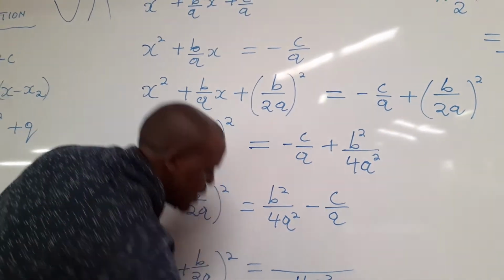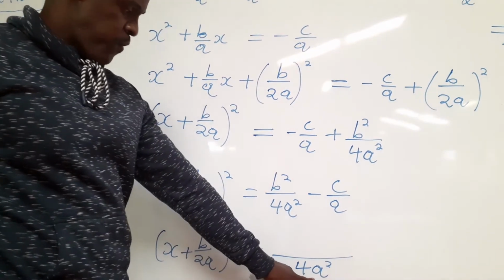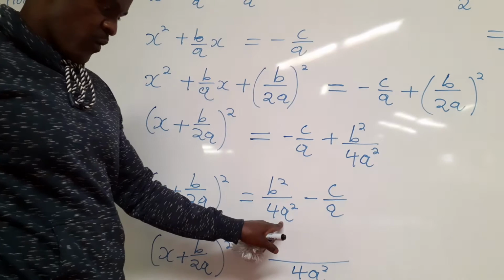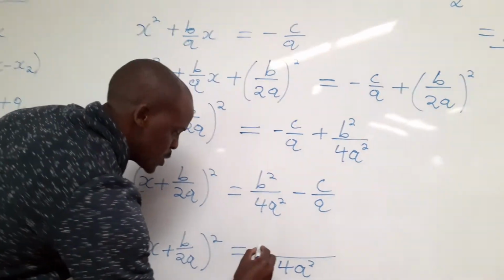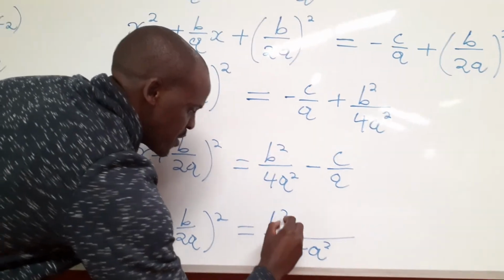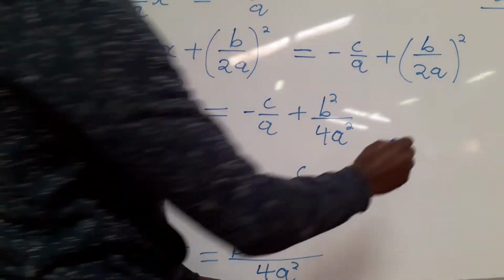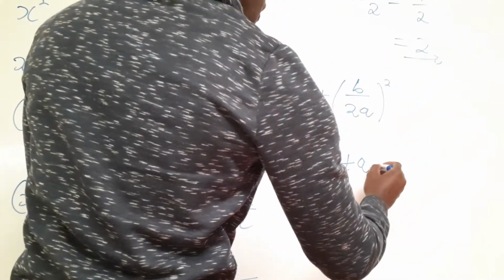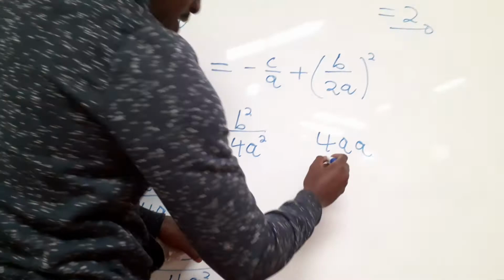Now we are dividing. 4a squared divided by 4a squared is 1, and 1 times b squared is b squared. That will give us b squared minus, and then 4a squared divided by a.